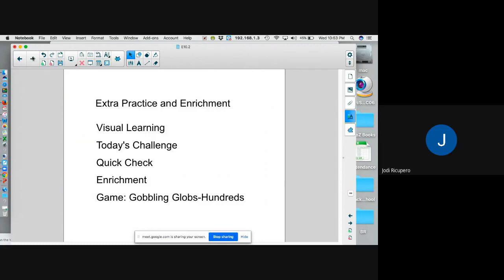You can do today's challenge. You can do the quick check, enrichment, and there's also a fun game, Gobbling Globs, hundreds.